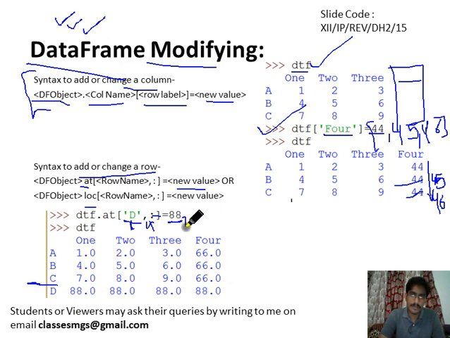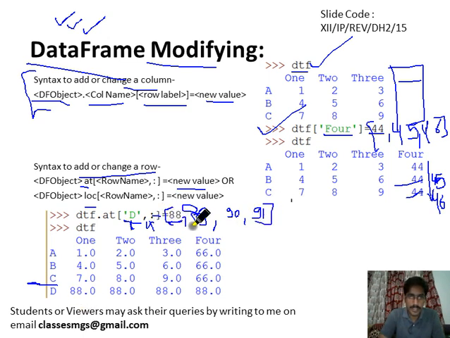But if you want to add different values like 89, 90, 91, then you will pass the list.